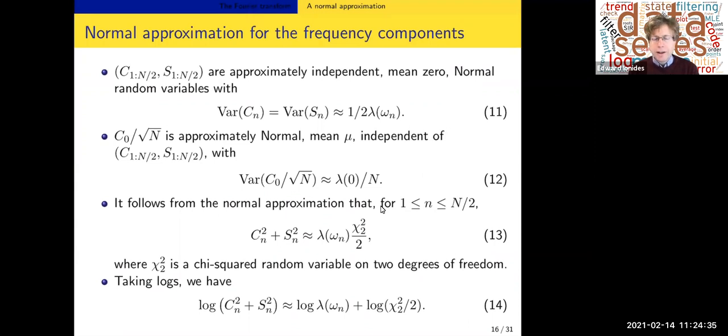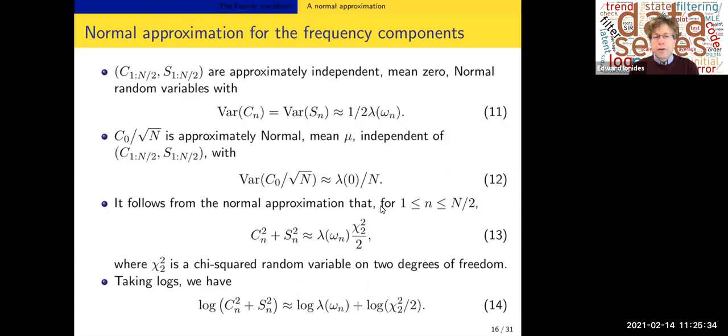The sine and cosine components are approximately independent, mean zero, normal random variables with variance half lambda of omega_n, where lambda of omega_n is the spectral density at omega_n, and omega_n is this discrete frequency n over big N. And so then if we sum and square these things, we get that the sum of squared sine and cosine components at a given frequency has a chi-squared on 2 degrees of freedom distribution.